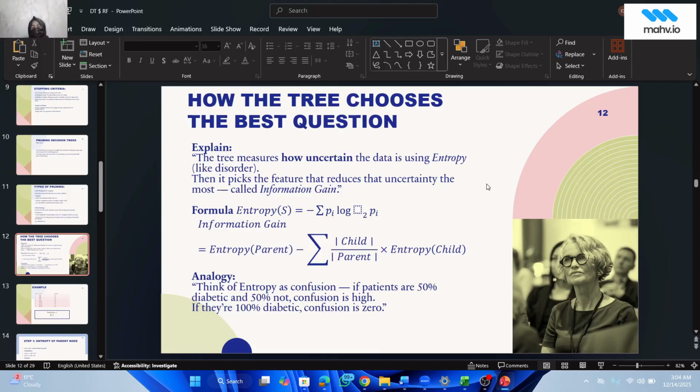We discussed these things in the other slides. So think of entropy as confusion. If patients are 50% diabetic and 50% not, confusion is high. If they are 100% diabetic, confusion is 0. So entropy is disorder in your data.